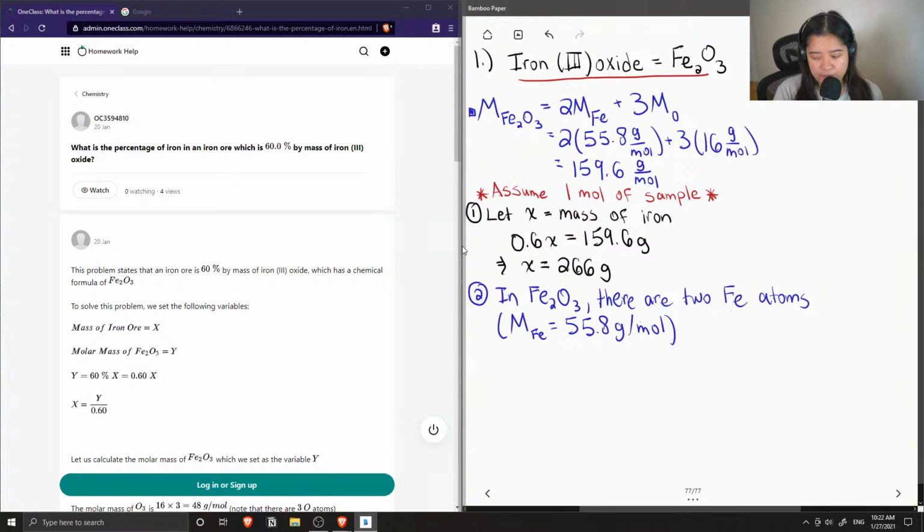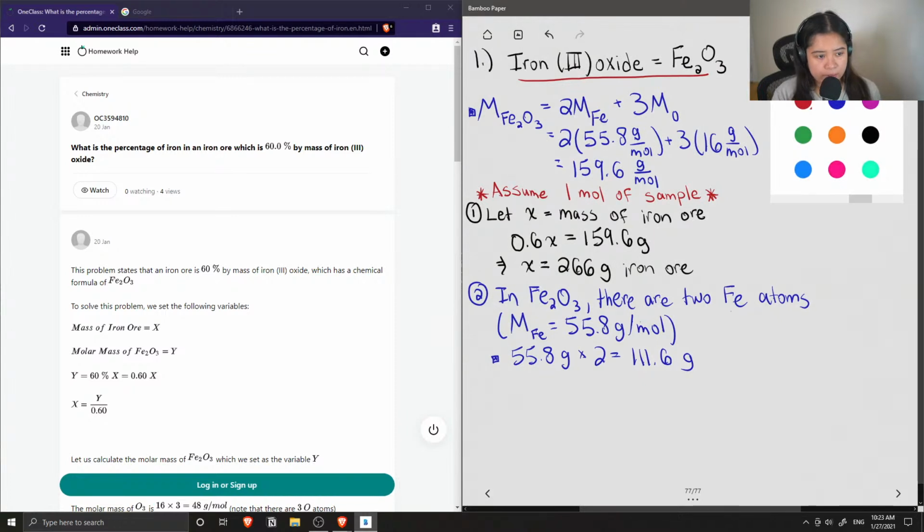So if we multiply this value by 2, we can get the mass of iron. So 55.8 times 2 gives us 111.6 grams.